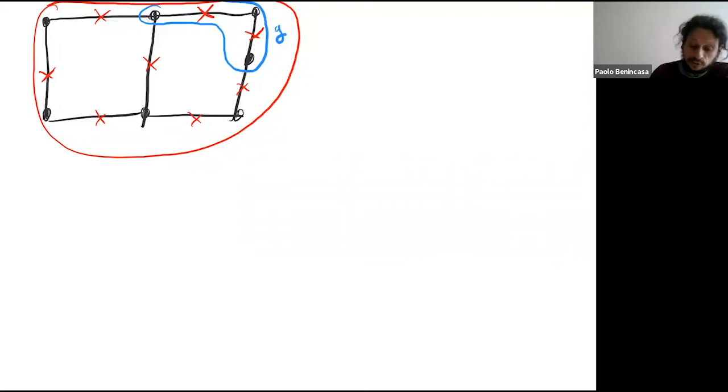So for this boundary, the vertices associated to it are given by all the vertices I have here, except I have to erase this one and this one. This guy I don't have to erase because it is already erased.